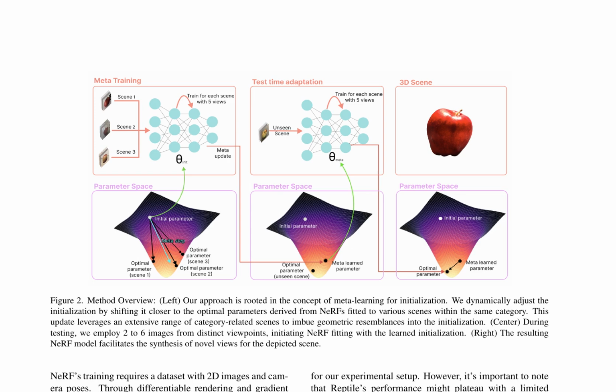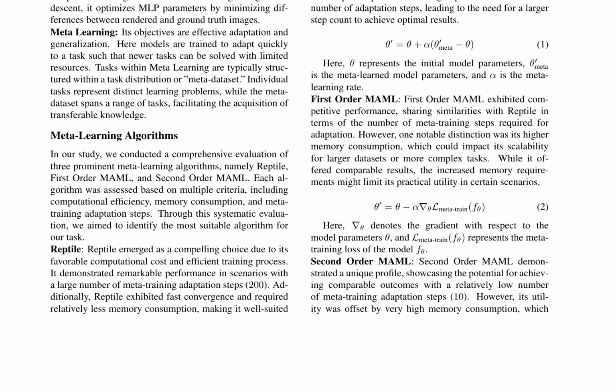The study conducted a comprehensive evaluation of 3 prominent meta-learning algorithms: Reptile, first-order MAML, and second-order MAML. Reptile emerged as a compelling choice due to its favorable computational cost and efficient training process.